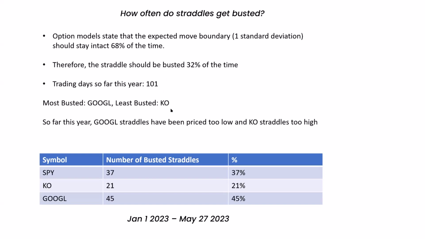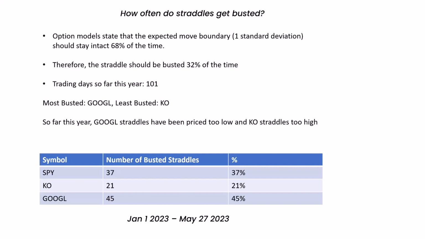Okay, so then the next thing is how often do straddles get busted? So if you look at option models, Black-Scholes model, the expected move boundary of one standard deviation implies that boundary should stay intact 68% of the time. So the straddle should get busted 32% of the time as a general rule. When I researched this information to create this slide, this was on May 27th, so not quite a month ago.